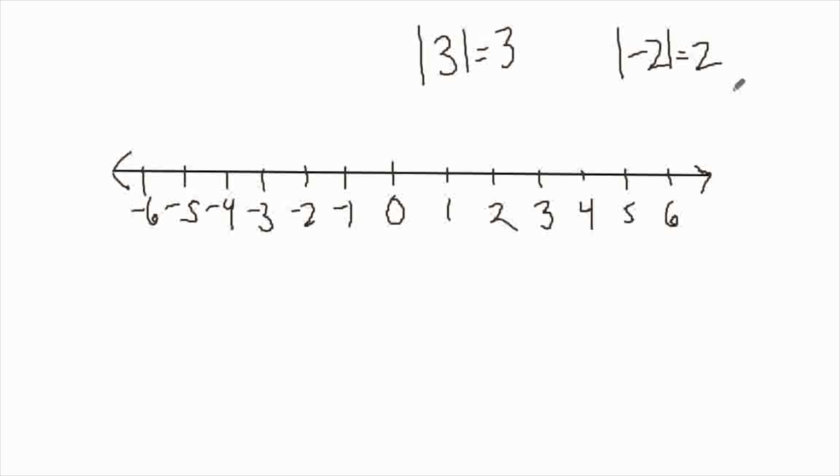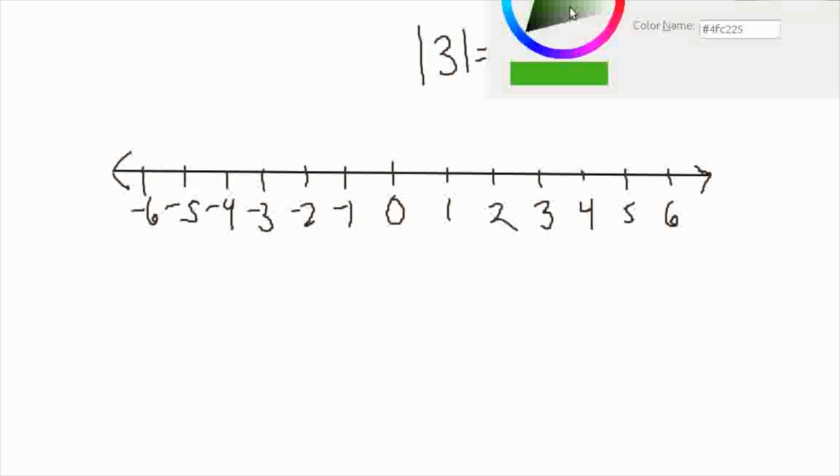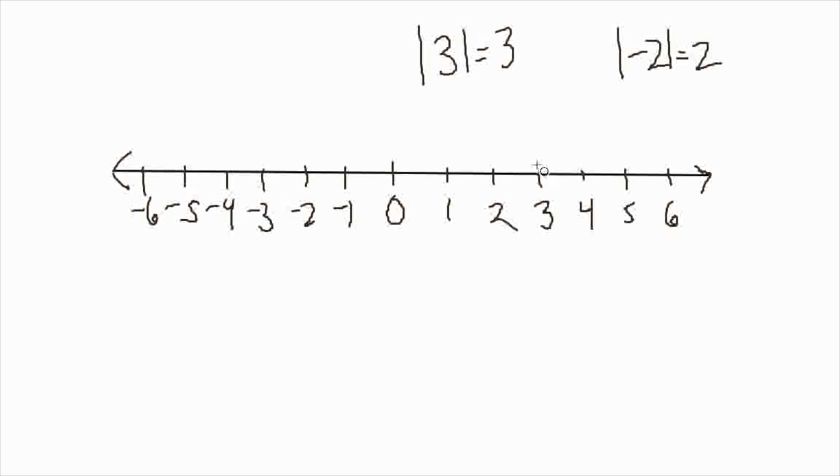Let me invite you to think of the absolute value in another way: think of it as the distance to the 0. 0 is also sometimes called the origin. So let's go back to the 3. I'm going to put an orange dot at the 3.